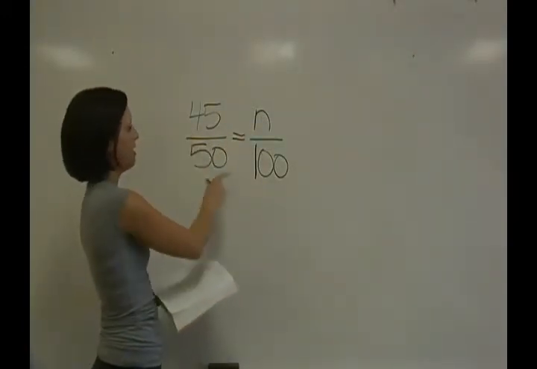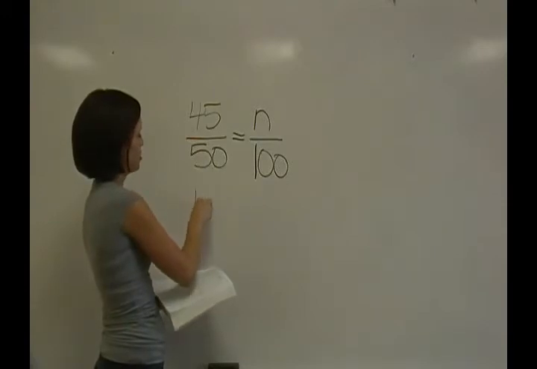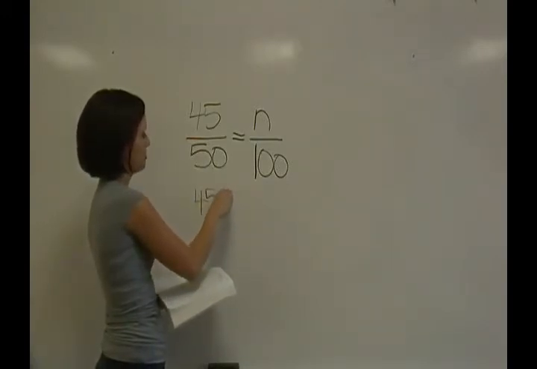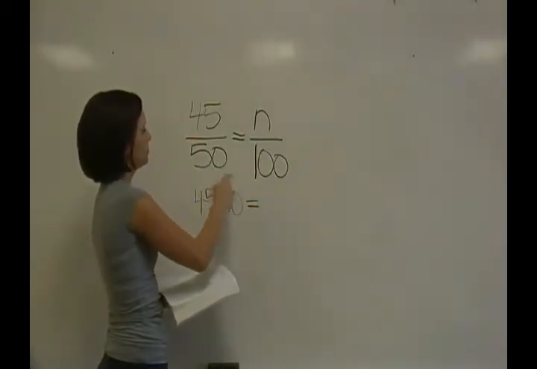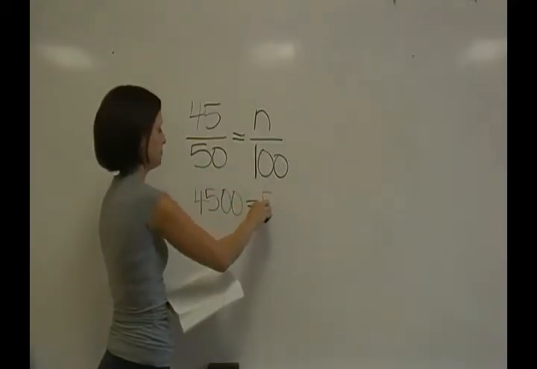So you do 45 times 100, which is just 45, add your 2 zeros, equals 50n.